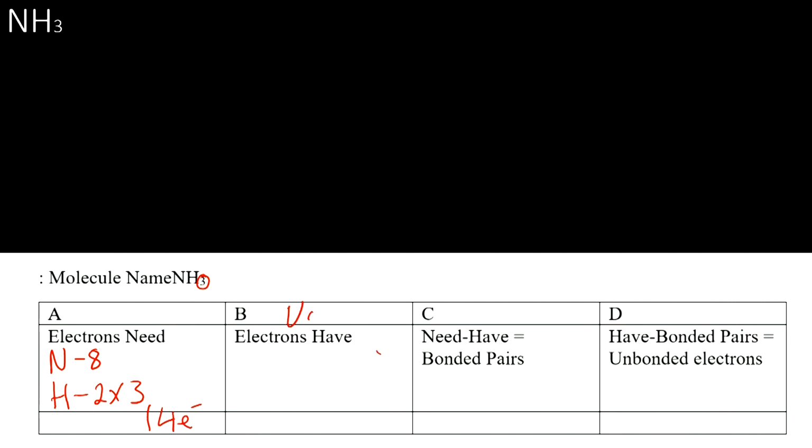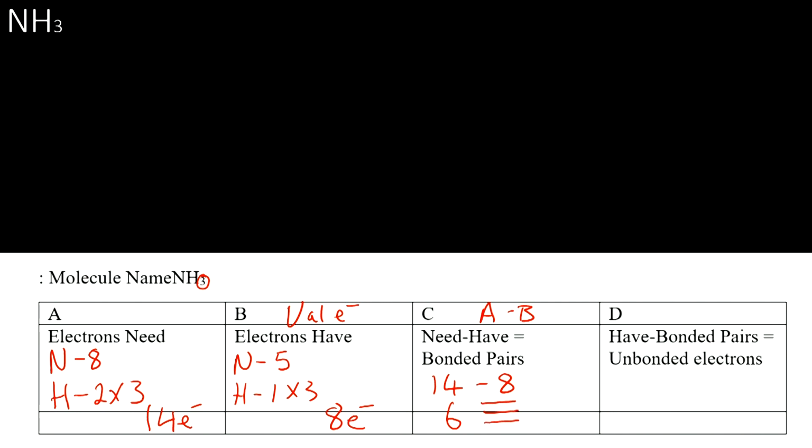Our valence electrons for each atom in the molecule, nitrogen has 5, hydrogen has 1, but we're going to times that by 3. That gives us a total of 8 valence electrons. A minus B, 14 minus 8, giving us a total of 6 electrons involved in a bonded pair.